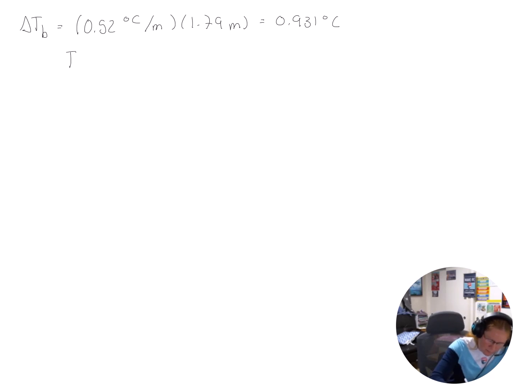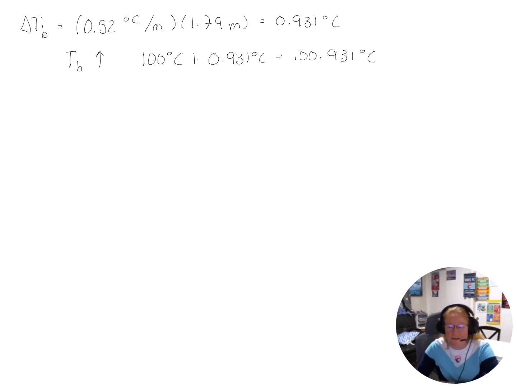So the boiling point goes up. So we take the original boiling point, 100 degrees Celsius, plus 0.931 degrees Celsius equals 100.931 degrees Celsius. Okay, because water boils at 100 degrees Celsius normally. So now we're going to go up, so we add them.